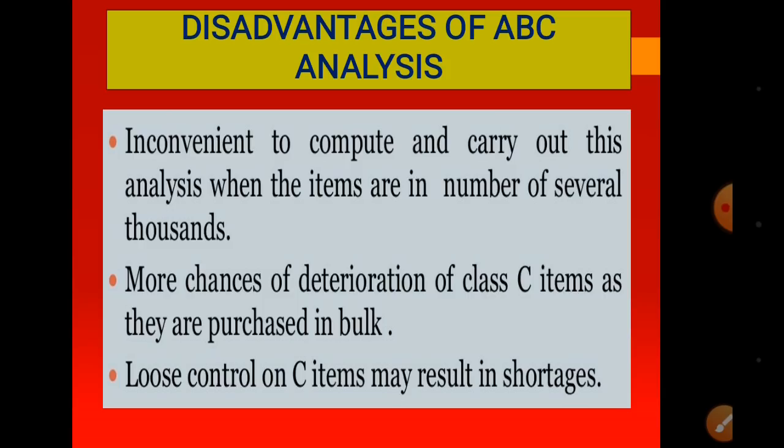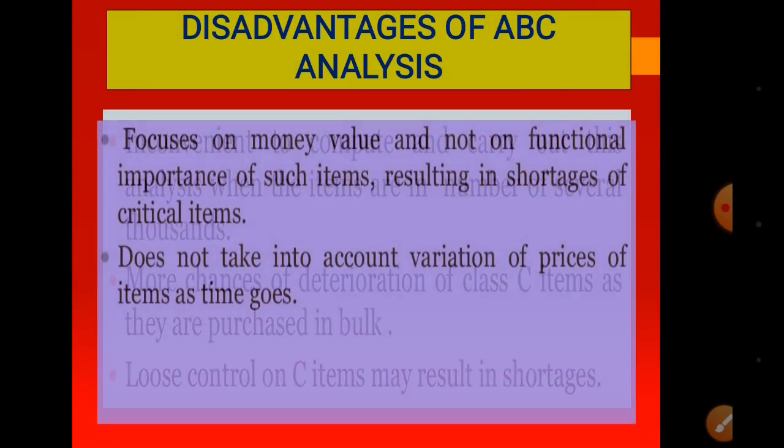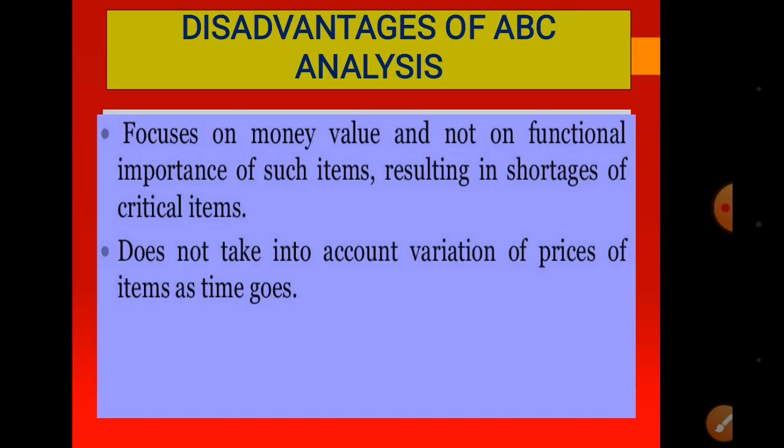Loose control in C items may result in shortage. Focuses on money value and not on functional importance of such items, resulting in shortage of critical items. Does not take into account variation of price of items as time goes.